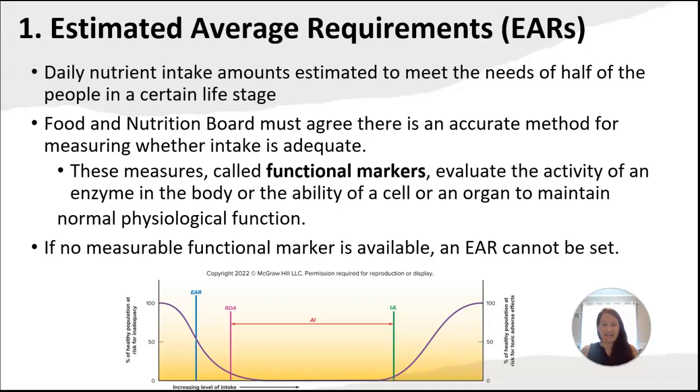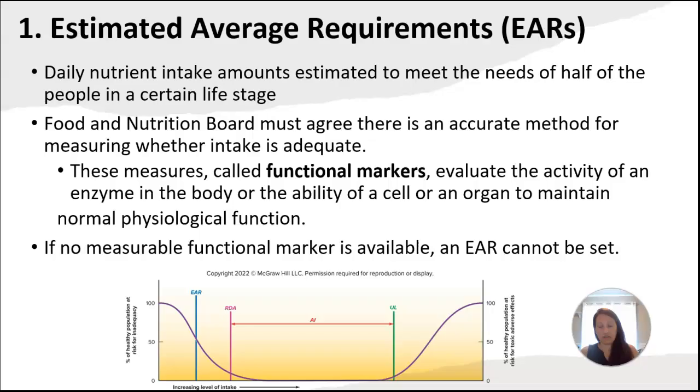In order to set this standard, the Food and Nutrition Board must agree that there is an accurate method to actually take this measurement of whether intake is adequate or not. These are called functional markers. So there has to be a functional marker, a way to evaluate and test something in the body. For example, an enzyme in the body or the ability of a cell or organ to maintain normal physiological function.